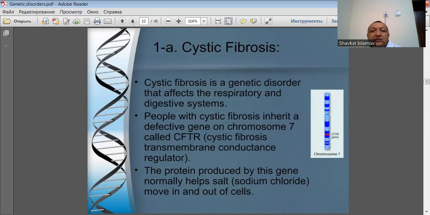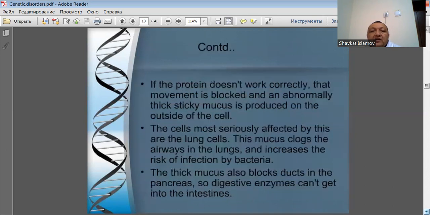1a. Cystic fibrosis. Cystic fibrosis is a genetic disorder that affects the respiratory and digestive system. People with cystic fibrosis inherit a defective gene on chromosome 7 called CFTR, cystic fibrosis transmembrane conductance regulator.